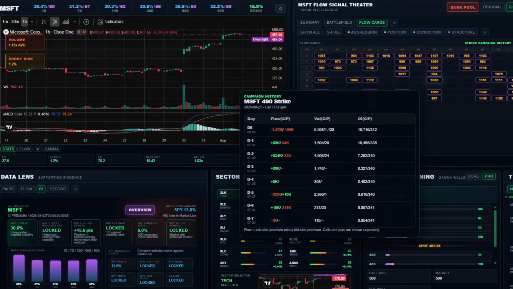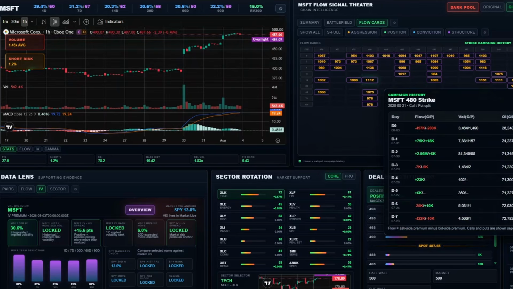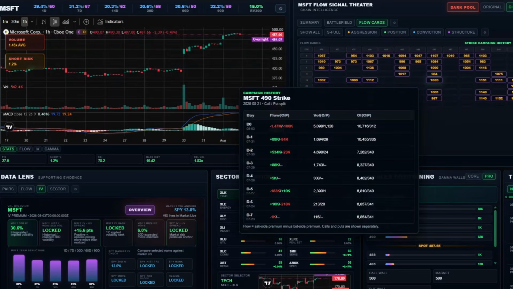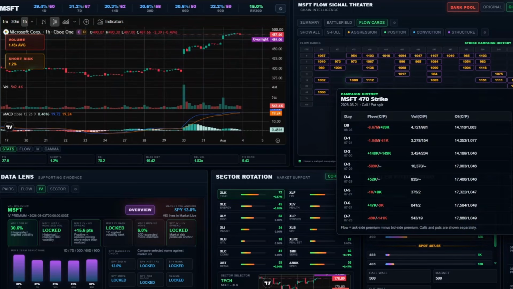There's quite a big buildup of call positions in the last few days. That's very interesting, like right here. On July 30th, for example, we have a lot of people buying calls, and same here. And today we have a lot of sell-off of call positions.